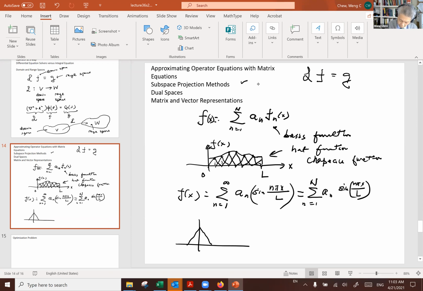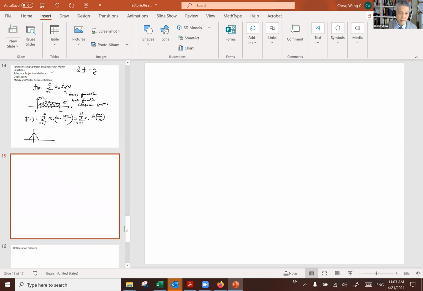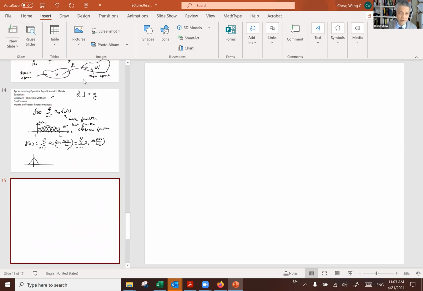You can superpose many of these triangle functions to approximate any function in one dimension. And you can do that in 2 or 3 dimensions as well. So we can do this quite nicely in 1, 2, and 3D. And what we have then is an ability to convert a linear operator equation defined in the abstract space.